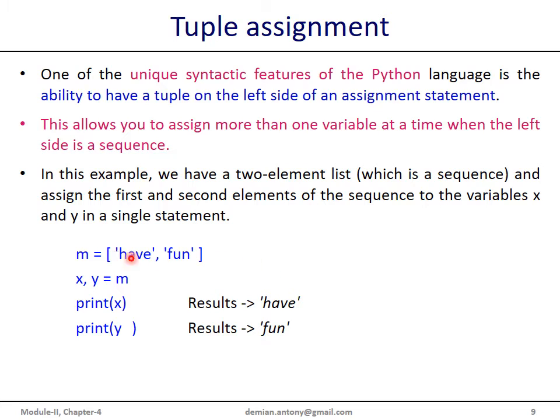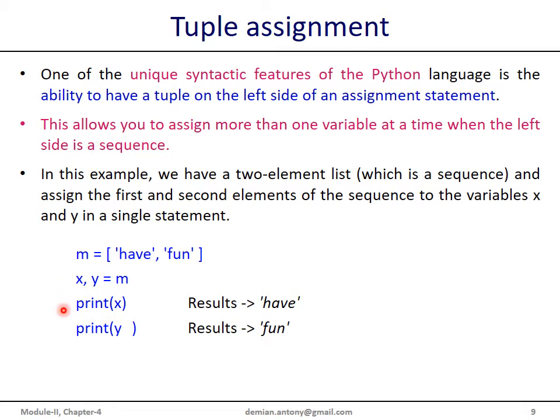So we have m, which is a list. The square brackets represent the list. m is a list having two strings. I can assign these individual elements of the list, two elements, to two different variables x and y by just writing the statement x comma y equal to m. x comma y is a tuple where each element is a variable.